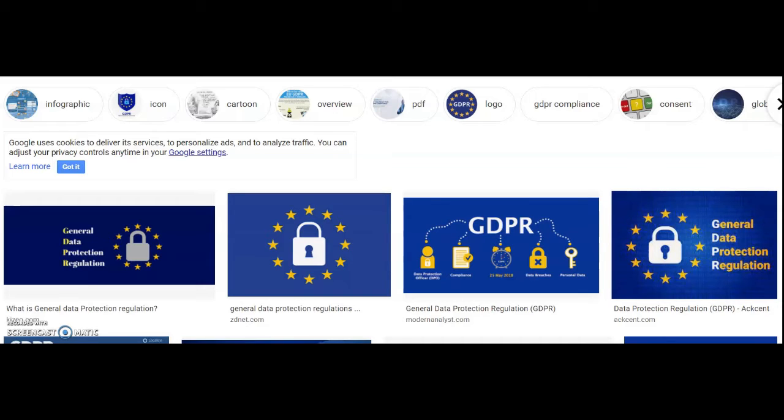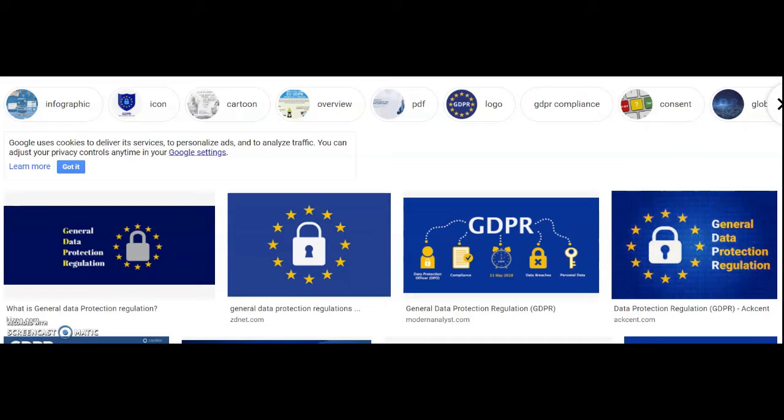GDPR is just like data protection. Organizations have about 30 days under the new GDPR rule to respond to individual requests about whether personal data is being processed, and if so, to provide access to the data.